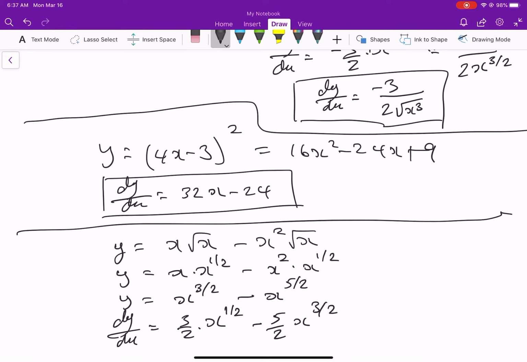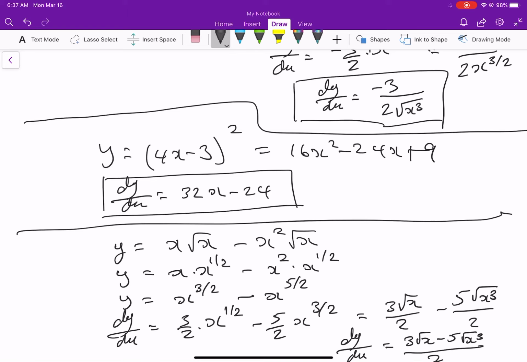And if we tidy this up a little bit, this looks like 3 root x upon 2 minus 5 root of x cubed upon 2. dy dx is equal to, give it a common denominator, 3 root x minus 5 root x cubed all upon 2.